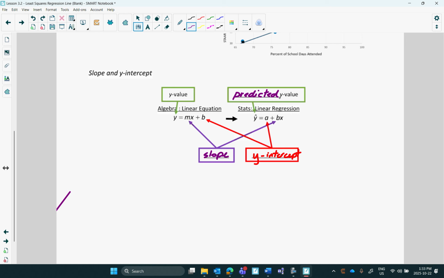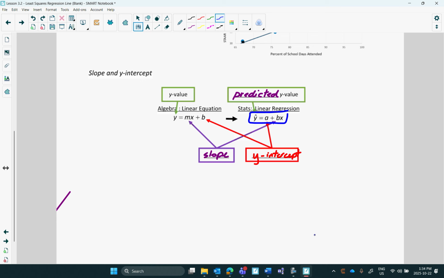And there is no a in algebra, but the a in statistics represents the y-intercept. And notice the slope times the x goes at the end, where here it goes at the beginning. So just keep this in mind. This is how we're going to do it.